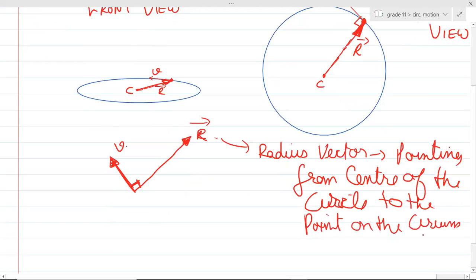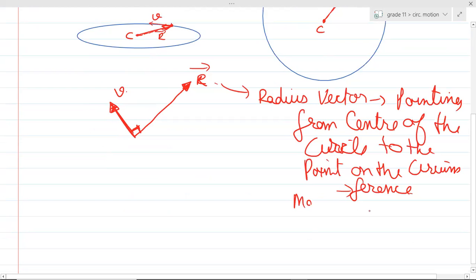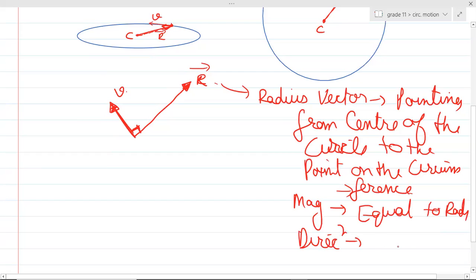What is the magnitude of the radius vector? The magnitude will be equal to the radius and the direction is radially outward. Please remember, magnitude equals radius and direction is radially outward. So I think this radius vector is pretty much clear to you.